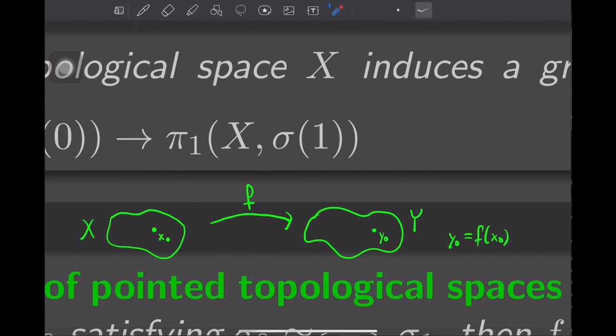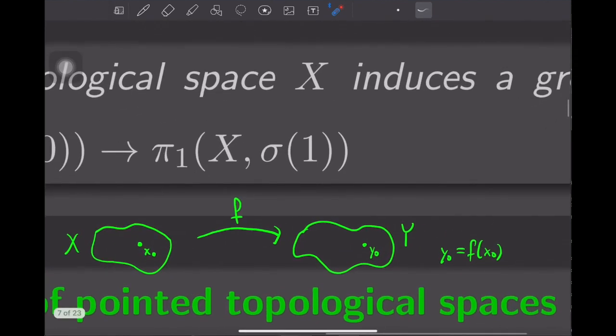Because the homotopy goes from 0, 1 cross 0, 1 to X. So I of course can follow it with F, and then I would still have something continuous if F is continuous. And then what I obtain is just a homotopy between the images of the curves under applying F.